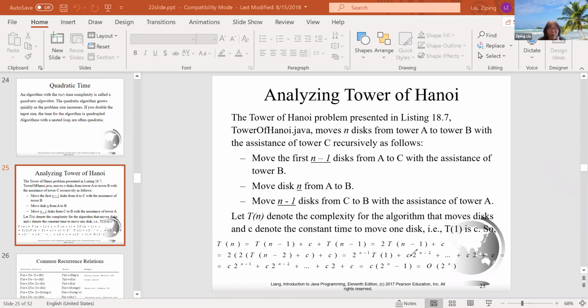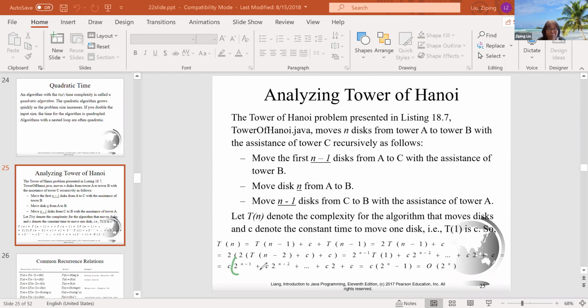So finally we can come up with c times 2 to the n minus 1, then c times 2 to the n. You have the common constant c, so you can move it out.